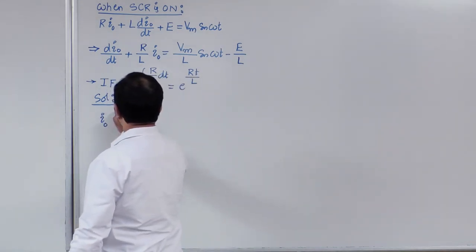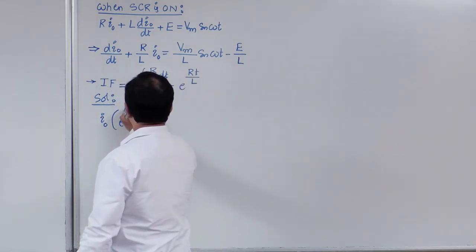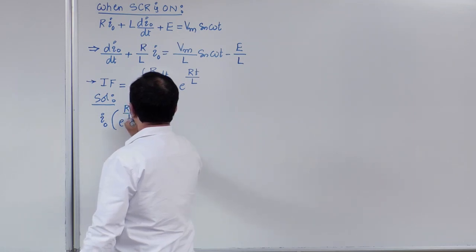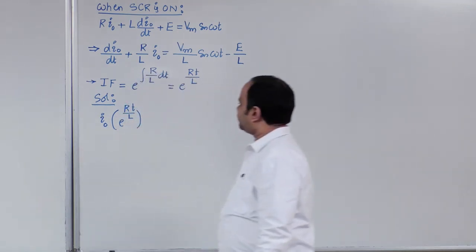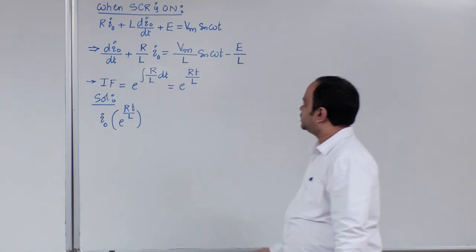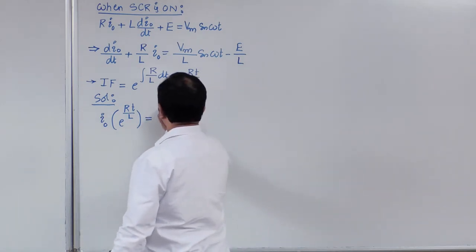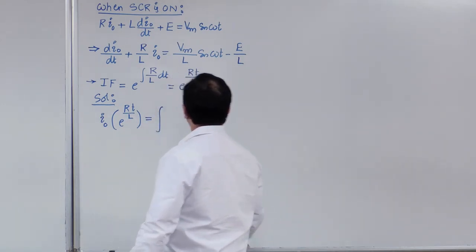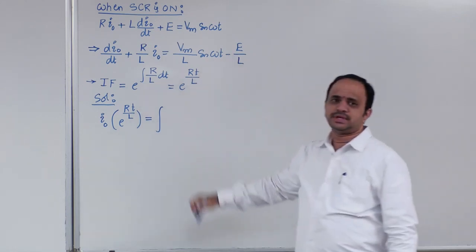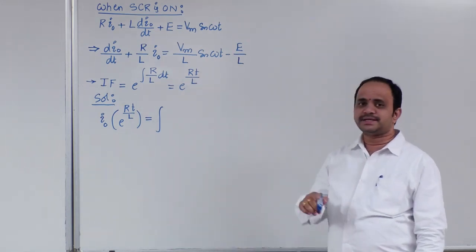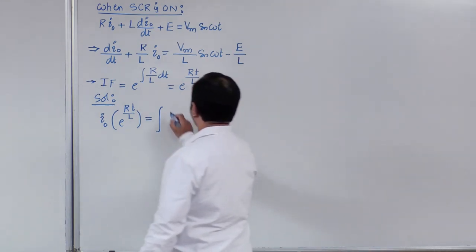I naught multiplied with integrating factor e power Rt by L is equal to integral Q. Now Q has two terms. Therefore, let us write down the integration separately. What is that?